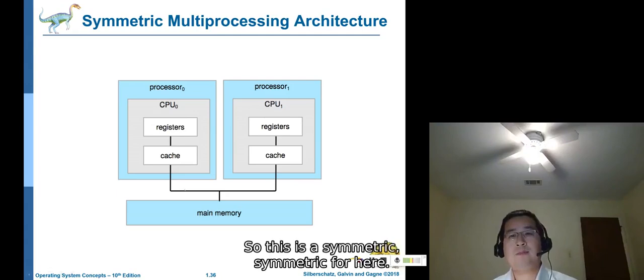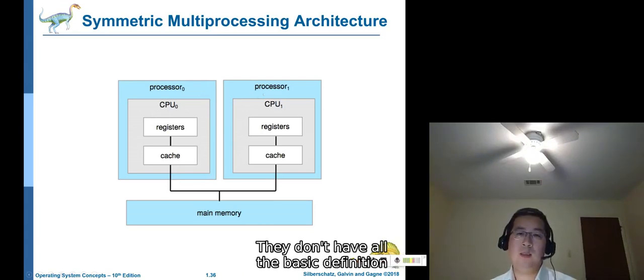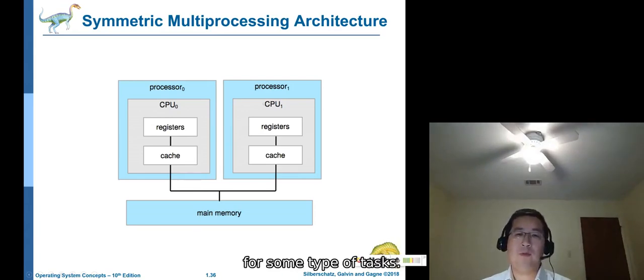Okay, so this is the symmetric. Symmetric here means each CPU processor is general and can process any task. They don't have a specific definition for some type of tasks.